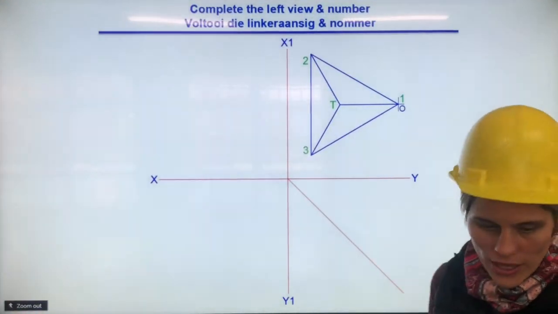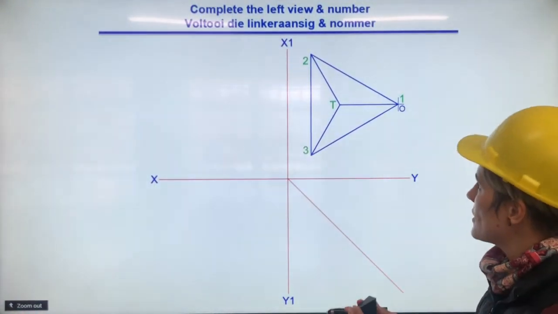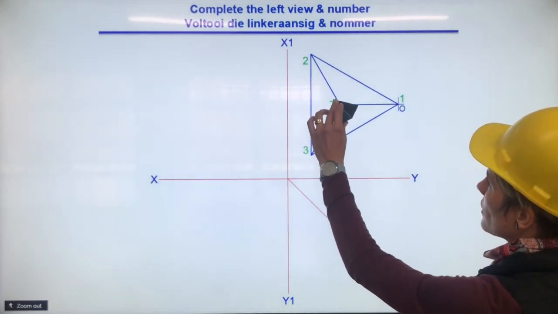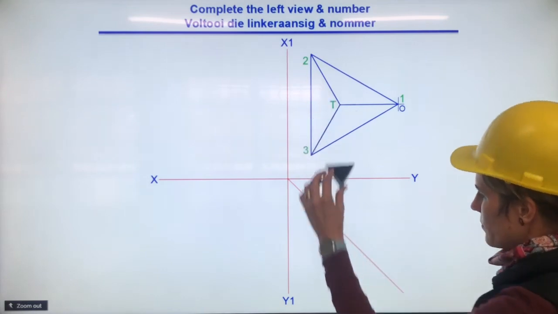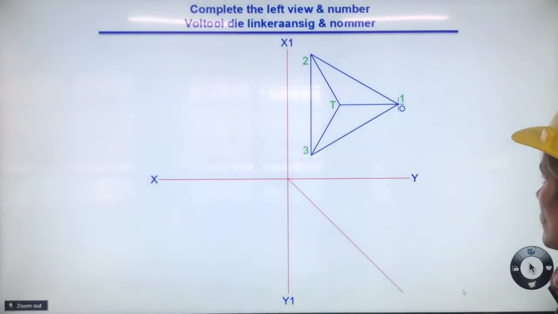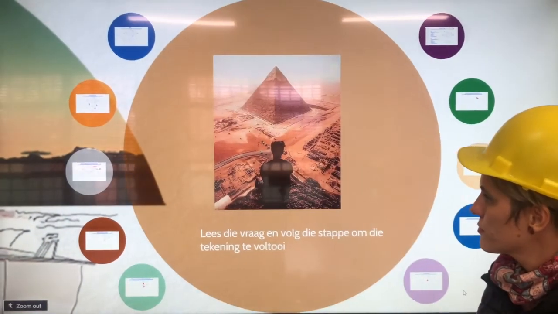Okay, so now we have the middle, and it's labeled T. So daar's 1, 2 en 3 en dat is vir T in die middel. Okay.